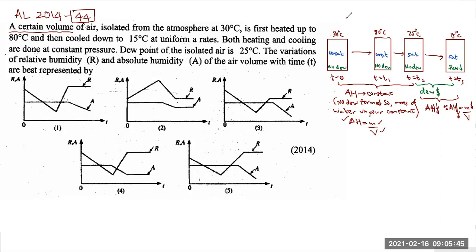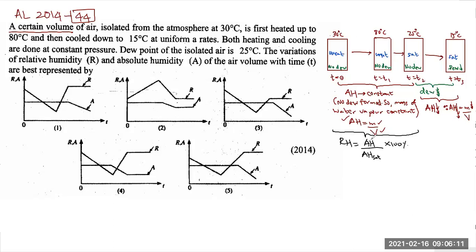And then let's talk about RH. We know RH is equal to absolute humidity divided by absolute humidity of saturated vapor, into 100. I'm going to talk about time equal to 0 to time equal to T2. What will happen to relative humidity?